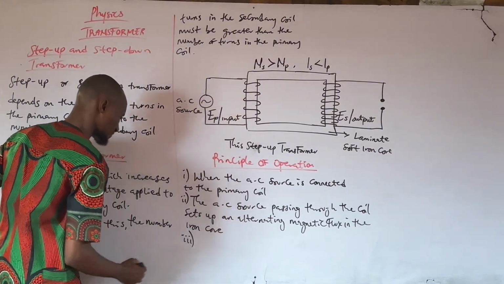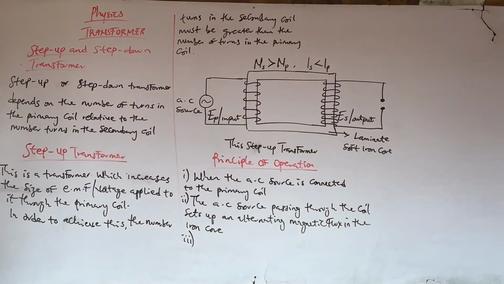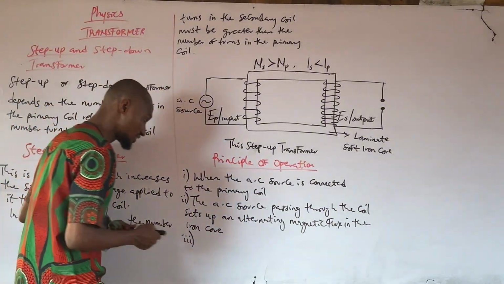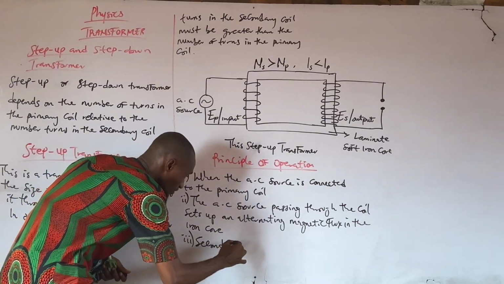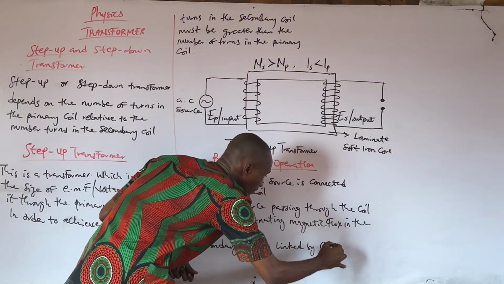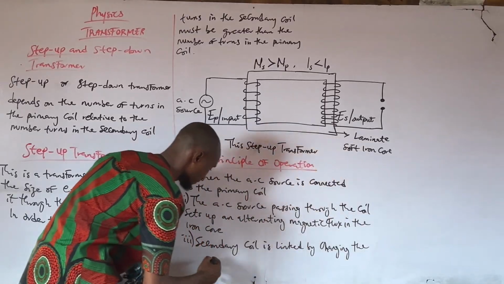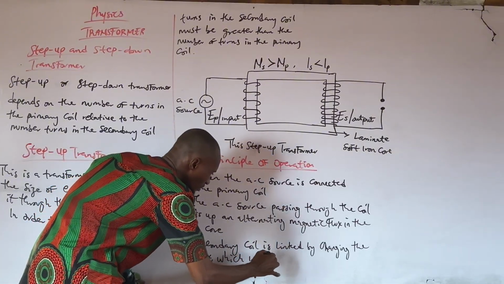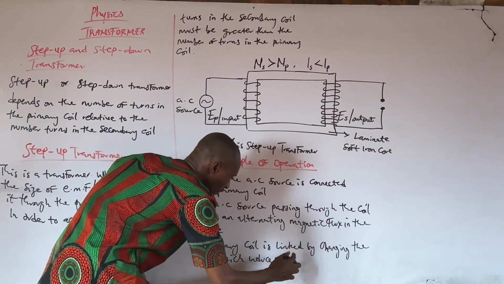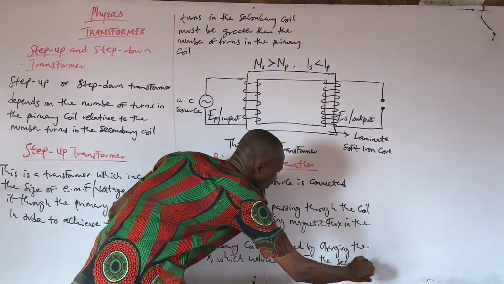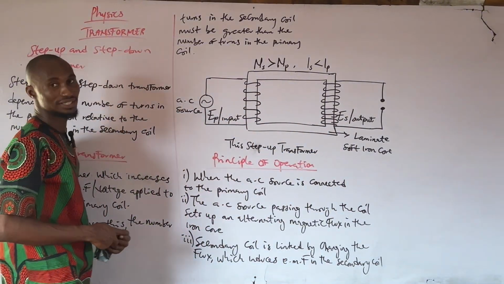Now, three: the secondary coil is linked by the changing flux, which induces EMF in the secondary coil.